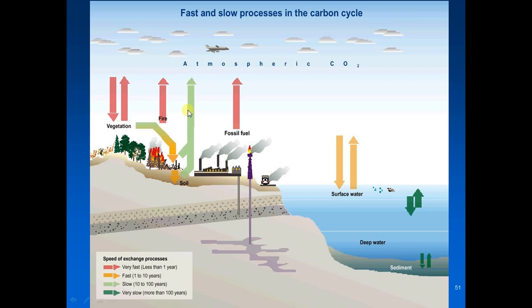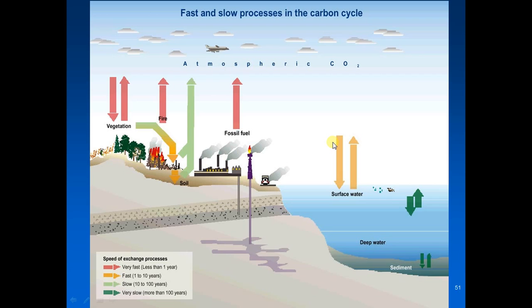When carbon dioxide gets released during forest fires, that's part of the short-term carbon cycle. Fossil fuel burning releases carbon dioxide into the atmosphere, that's part of the short-term carbon cycle. And when carbon dioxide gets absorbed by the phytoplankton in the upper parts of the ocean, the surface water, or released back into the atmosphere by this phytoplankton, that's also generally part of the short-term carbon cycle.